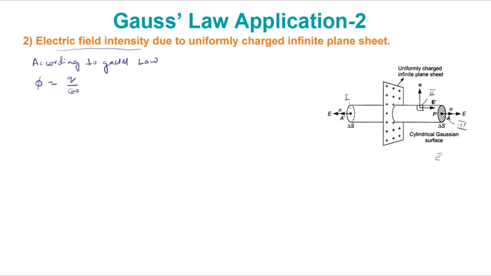So this is the formula of Gauss law. Then what is flux? You know very well, flux is the number of electric field lines passing per unit area. In this diagram I selected 3 different parts, and the flux moving in the outward direction through them is the total flux.